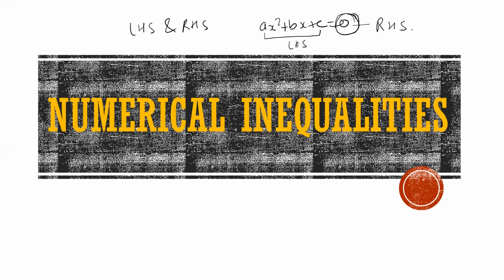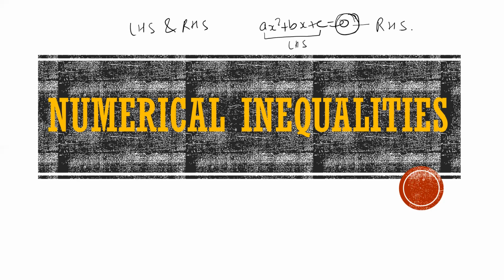We've also solved some statement problems by translating them in the form of equations, but it's not always possible to translate a word problem in the form of an equation. Instead, we may get certain statements involving a sign of inequality. So let's understand what is inequality.